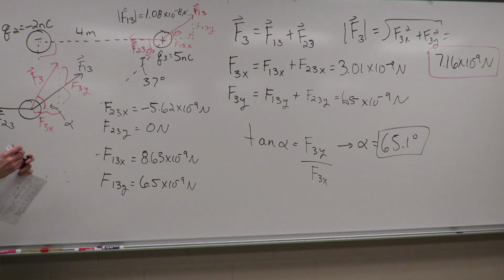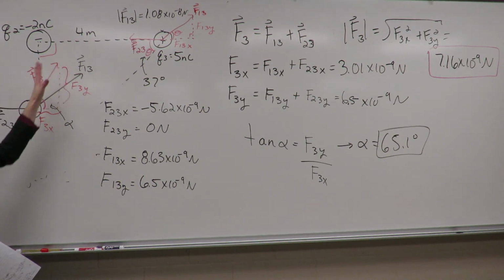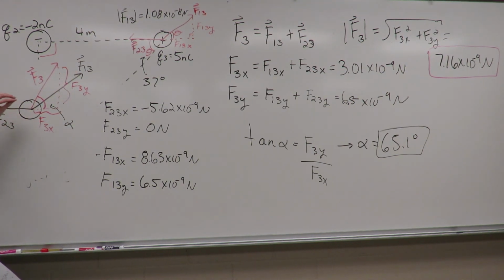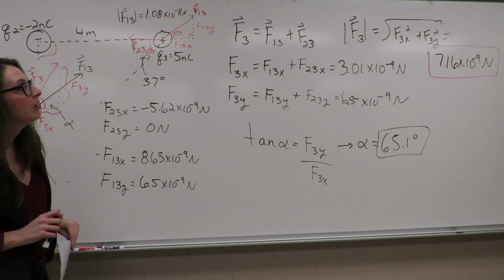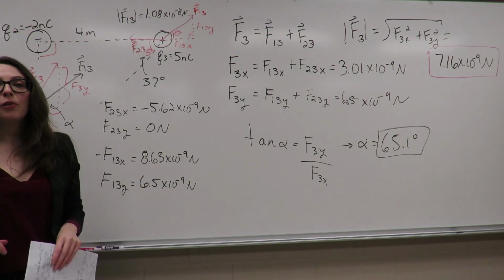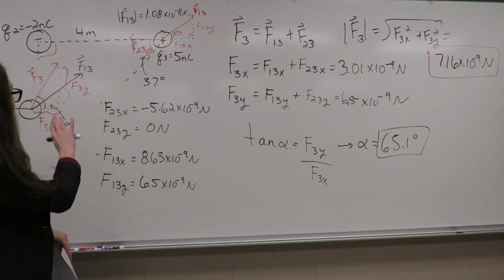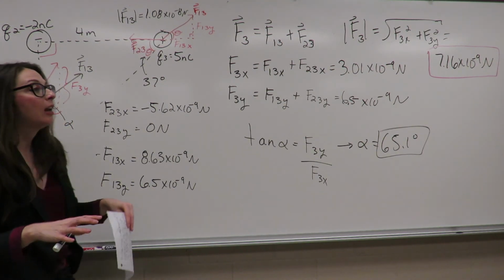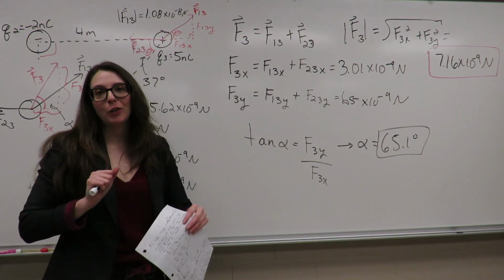So the sum of all of those forces from those two charged particles acting on particle 3 will end up with a resulting force that is pointing off in this direction here. And so if we release the system, this charge is going to be accelerating off along that vector in this direction right here. So that's how we can find the magnitude of a force acting on a particle in a fairly complicated electrostatics problem.